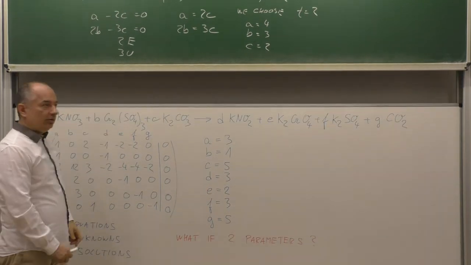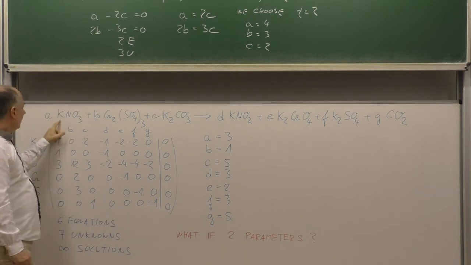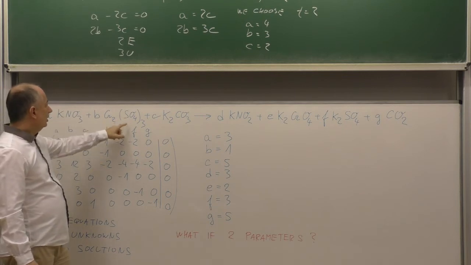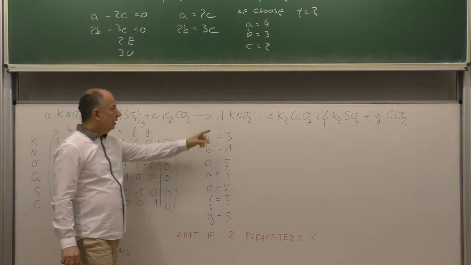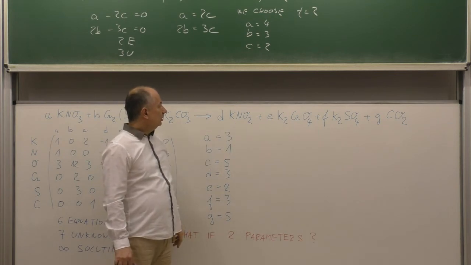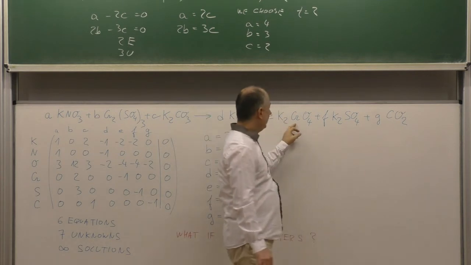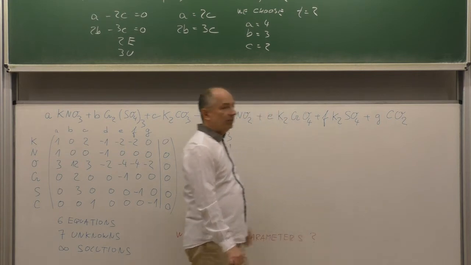Consider the following chemical reaction. Potassium nitrate plus chromium sulfate plus potassium carbonate give rise to potassium nitrite plus potassium chromate plus potassium sulfate plus carbon dioxide.